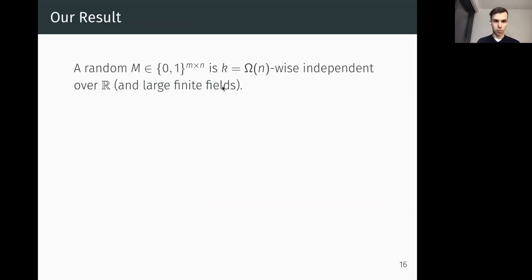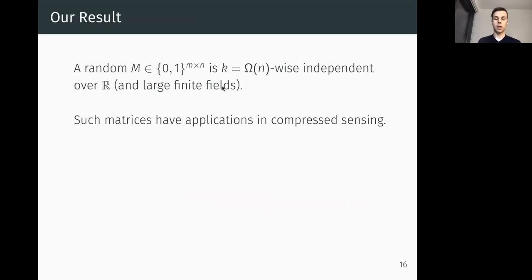So we prove that a random matrix is omega n-wise independent, and also such matrices are known as compressed sensing matrices, because they allow us to recover sparse vectors from a few observations.